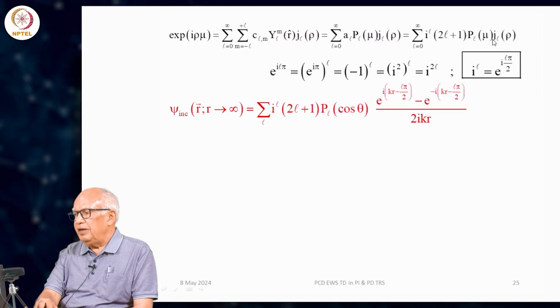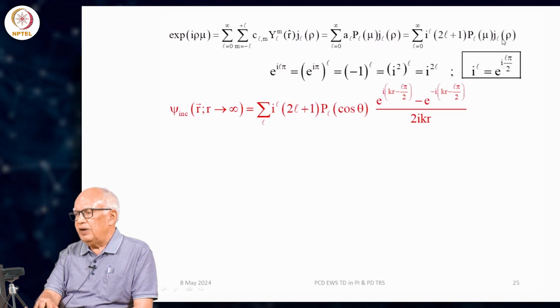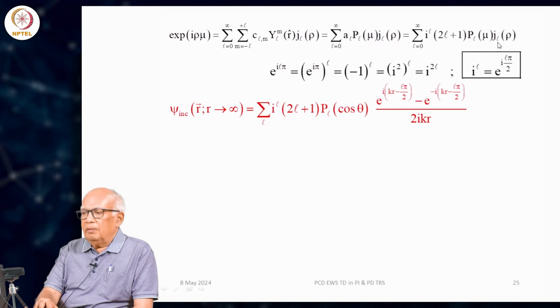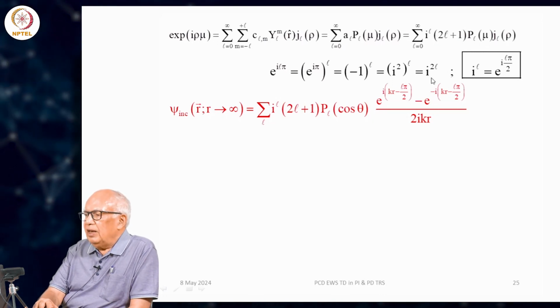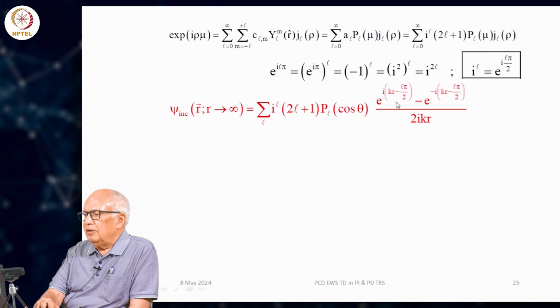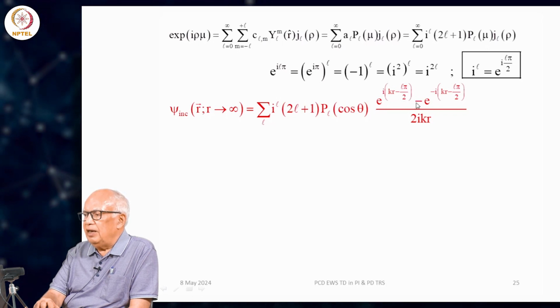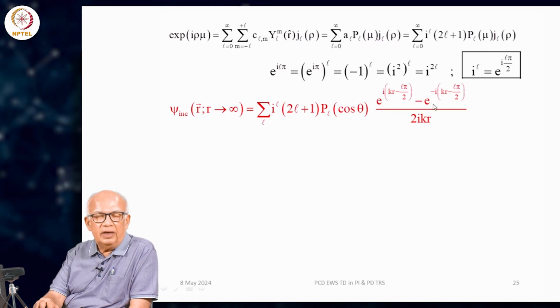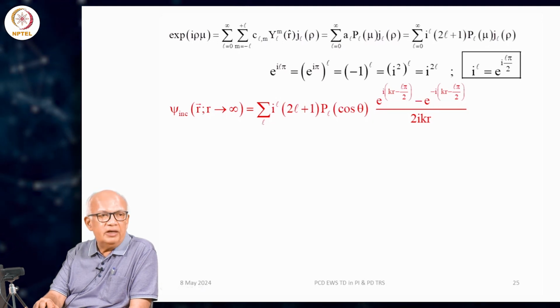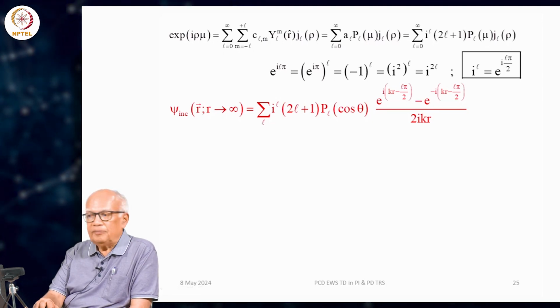Here the radial part is given in terms of the Bessel functions j, but we can write it in terms of the spherical waves e to the ikr and e to the minus ikr. Any basis set as long as it is linearly independent works.